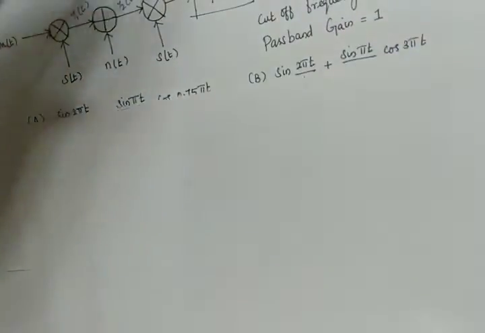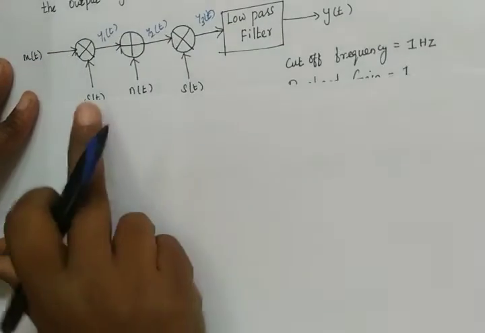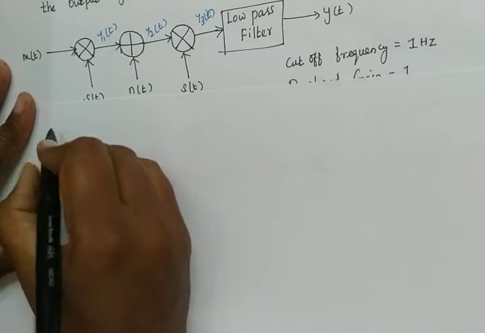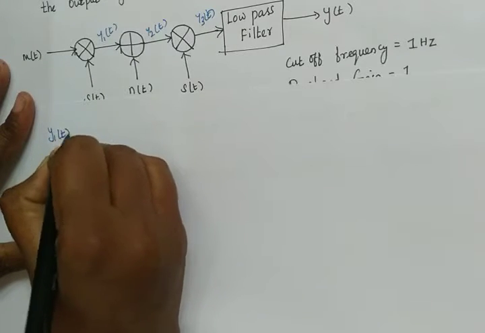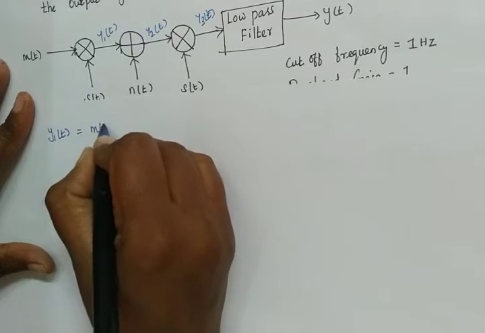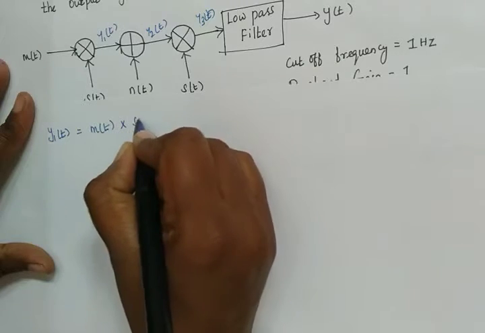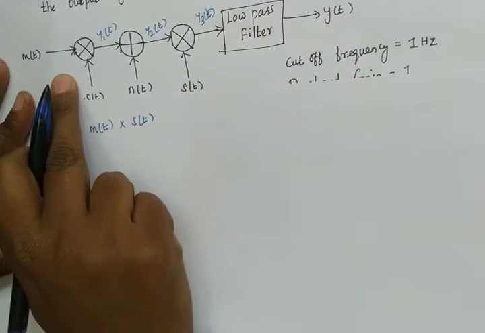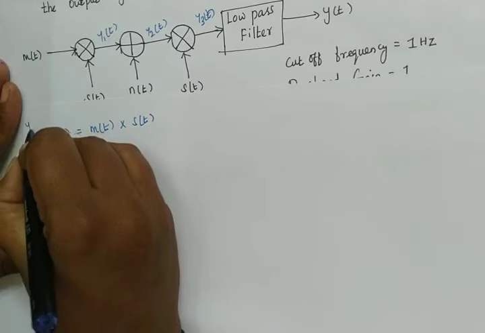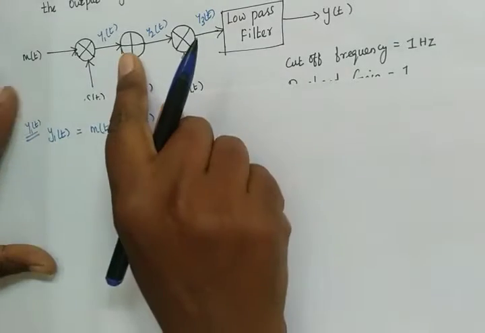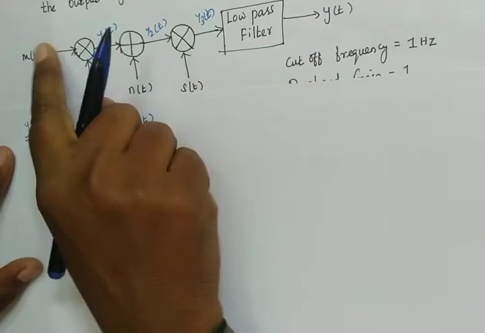See here. First we have y1 of t. y1 of t will be equal to m of t into s of t, because this is a multiplier. So first we have to find y1 of t, the output of this multiplier, where these two are multiplied.